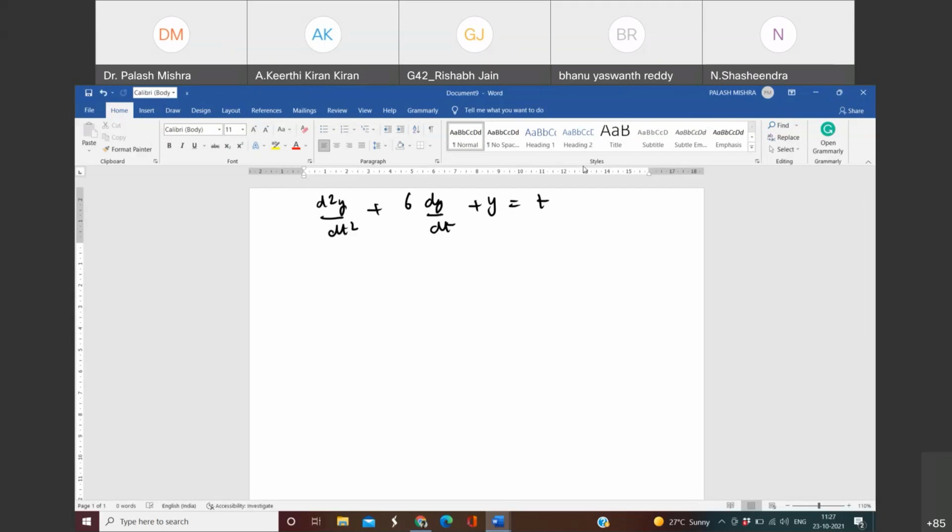And it is given that y(0) equals 0 and dy by dt at 0 is 0. Please let me know how many roots it will have. Tell me how to solve this question.